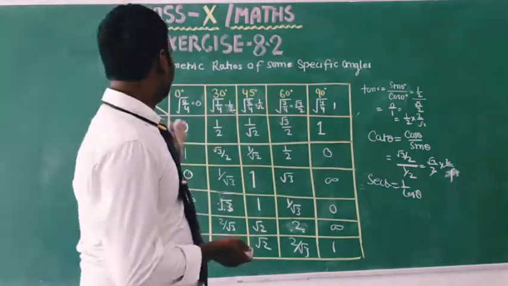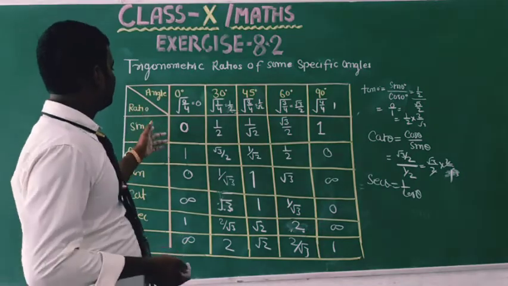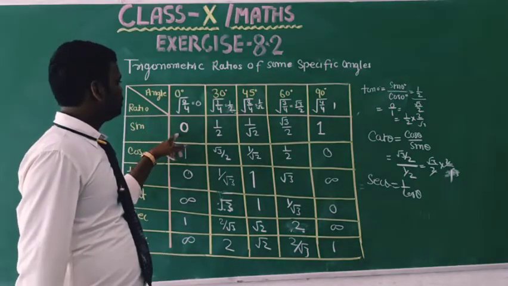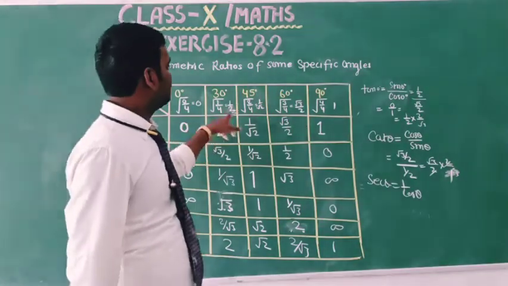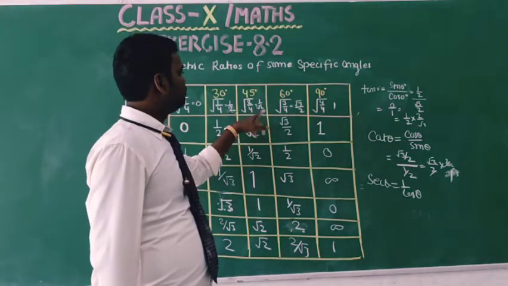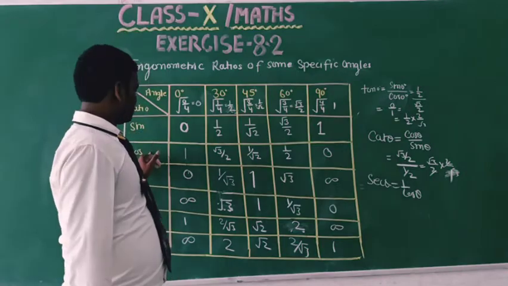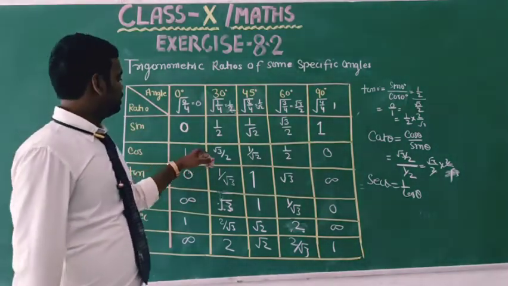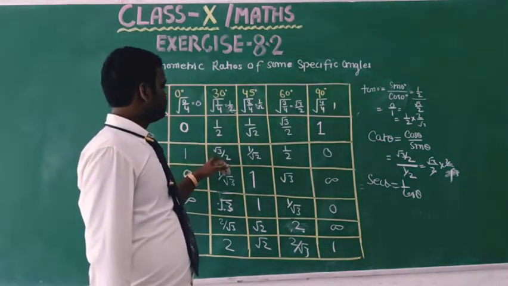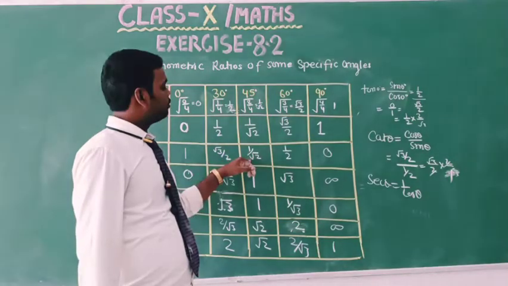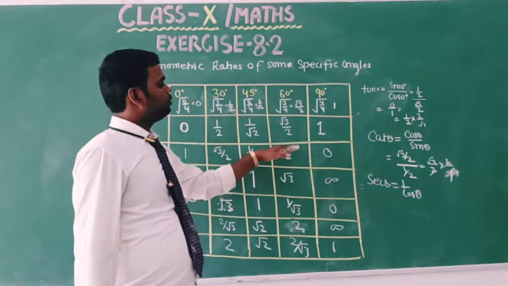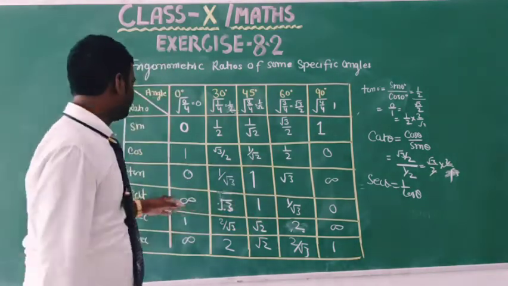Here I revise once again. The value of sin 0 degree is 0, sin 30 is 1 upon 2, sin 45 is 1 upon square root 2, sin 60 is root 3 by 2, sin 90 is 1. Cos 0 is 1, cos 30 is root 3 by 2, cos 45 is 1 upon root 2, cos 60 is 1 upon 2, and cos 90 is 0.